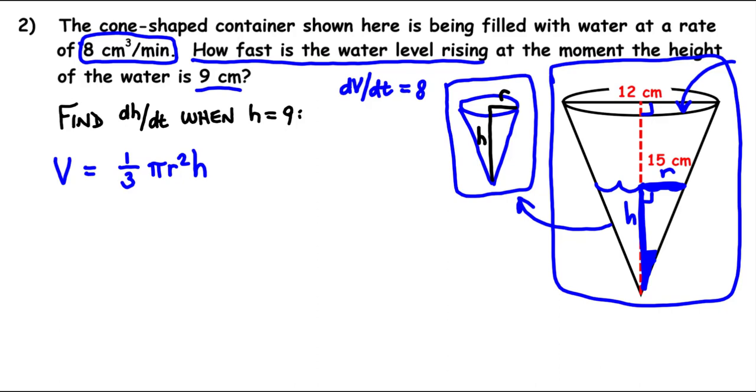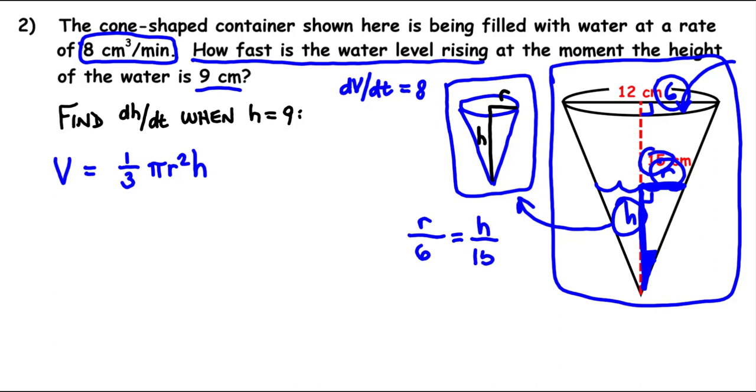And so I will. I'm going to say r over 6, which is half of the 12. Let me write this down. r over 6 is h over 15. Now, there's several different ways you can write this.